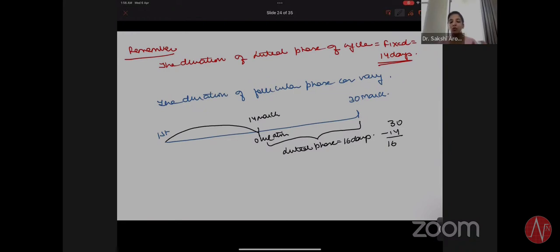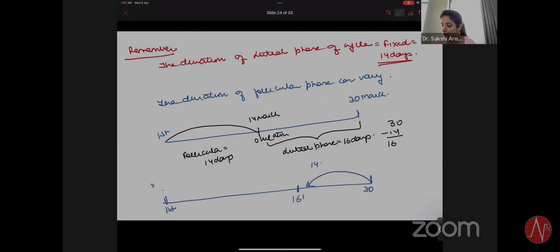In this female, the luteal phase becomes 16 days and the follicular phase becomes 14 days, which cannot happen, right? The luteal phase should always be 14 days. The follicular phase can vary. So what I'm going to do is, from 30th March, I will count 14 days backwards. When you count 14 days backward from 30th March, you get 16th March.